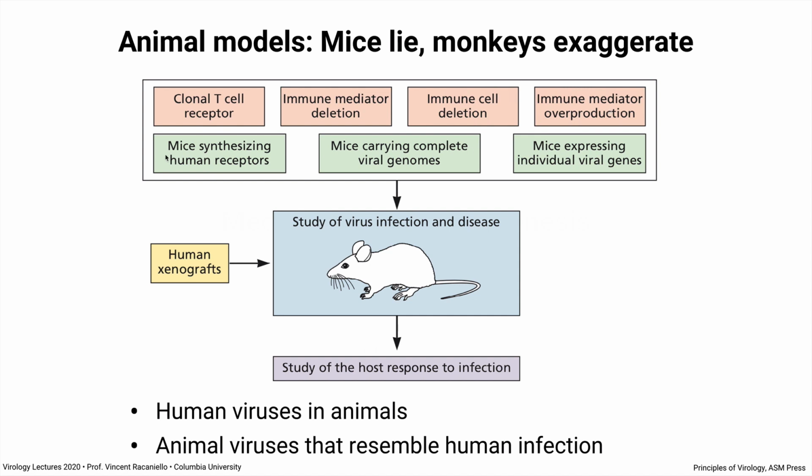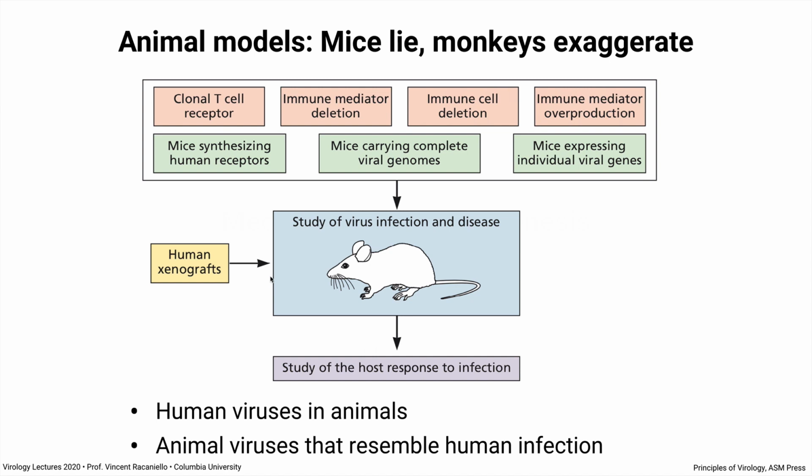Then you can make transgenic mice that produce human receptors for viruses. Sometimes we put the entire viral genome in a mouse for hepatitis B virus. That's been instructive. Or you can produce individual viral gene products in mice. You can also modify mice to do what we call humanize them.